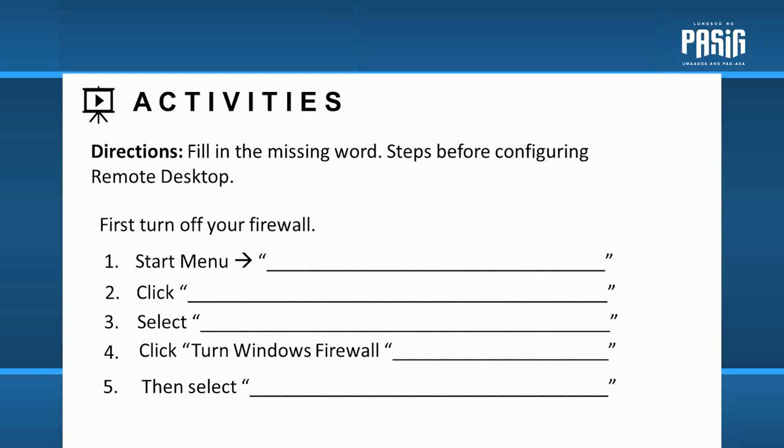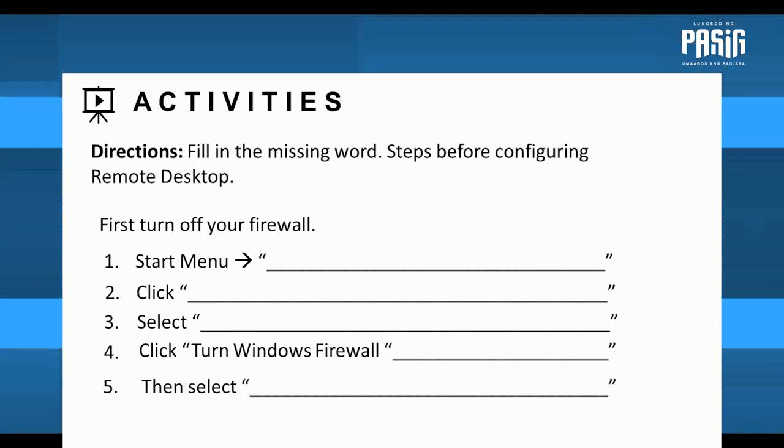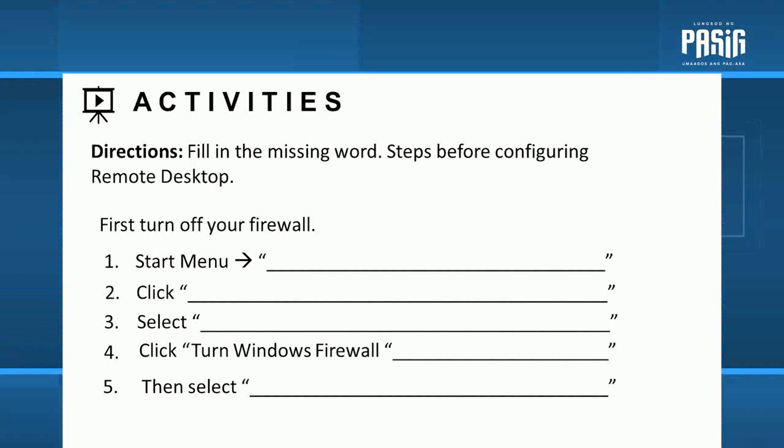Directions. Fill in the missing word. These are the steps you are going to do before configuring remote desktop. First, turn off your firewall. Number 1. Start menu. The answer is go to Control Panel. Number 2.